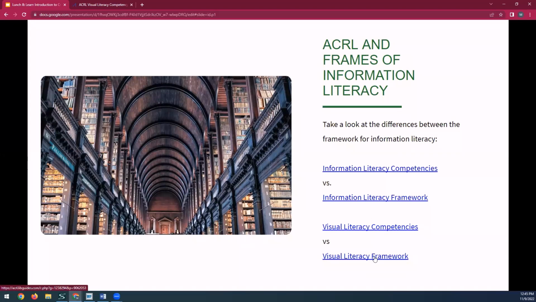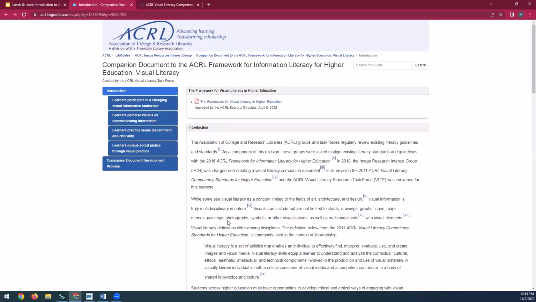The framework is much more specific about the actual power within the relationships that a student would see with images, with metadata, with anything about or around the image.